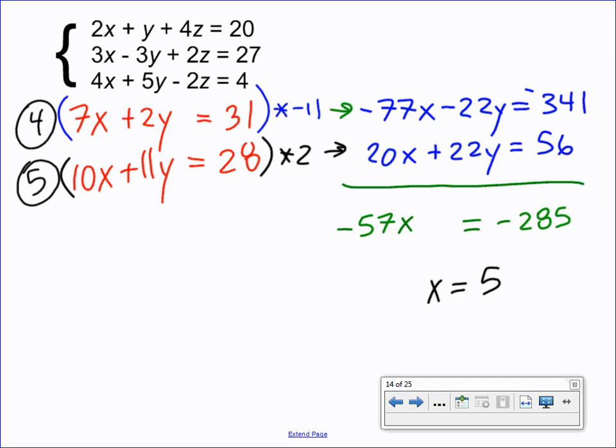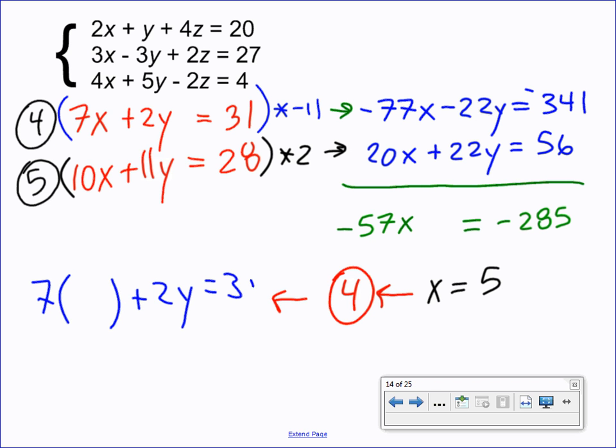Now where can I go to get what y equals? Well, given that x equals 5, I can now go to one of my 2 by 2, my x and y equations. So I'm going to go ahead and go into equation 4. So I'm going to plug this now into equation 4. When I plug this in and rewrite, I'll get 7 times x plus 2y equals 31.